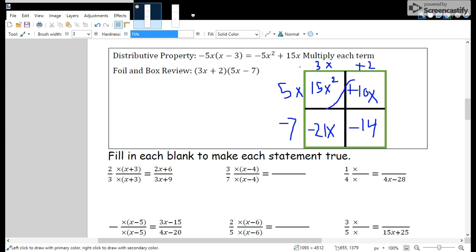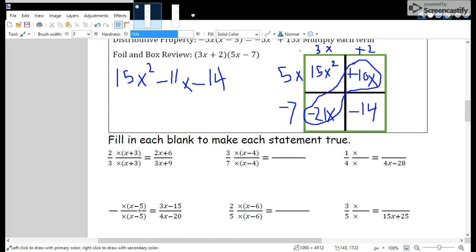Combine the like terms in the middle. 10x minus 21x is negative 11x. So your standard form would be 15x squared minus 11x minus 14. So this is your factored form, this is your standard form.